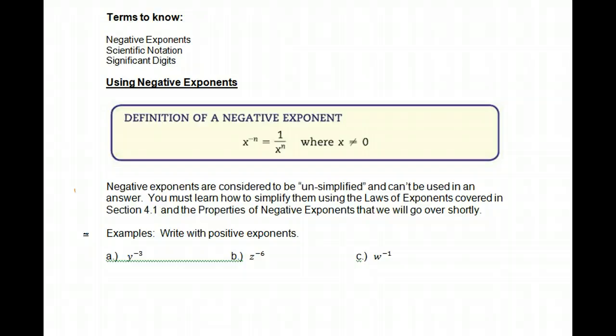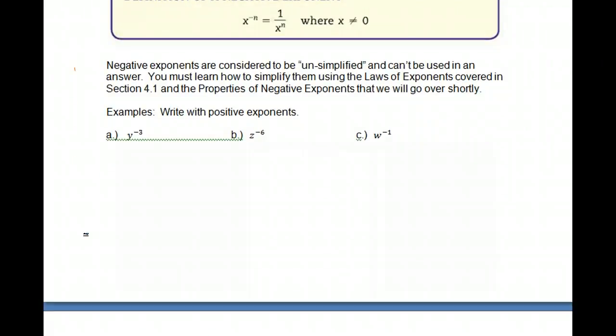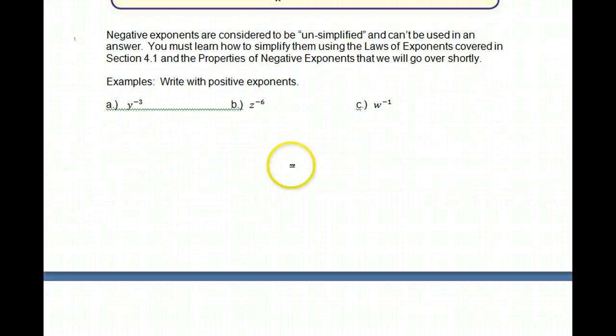Okay, so what we're going to talk about here, and you should recognize from what we talked about in section 4.1, is that when you have a negative exponent, it's considered to be an unsimplified expression. And when you have a negative exponent, it's going to switch from its location.